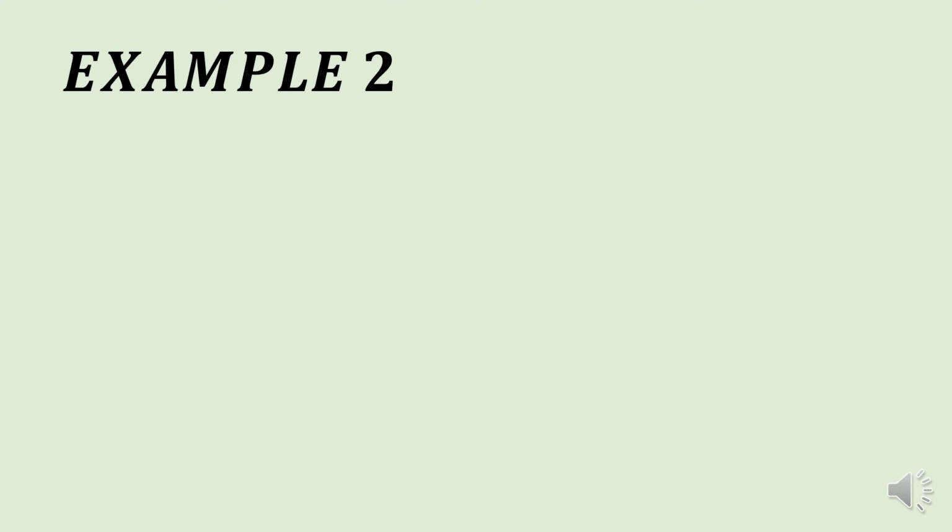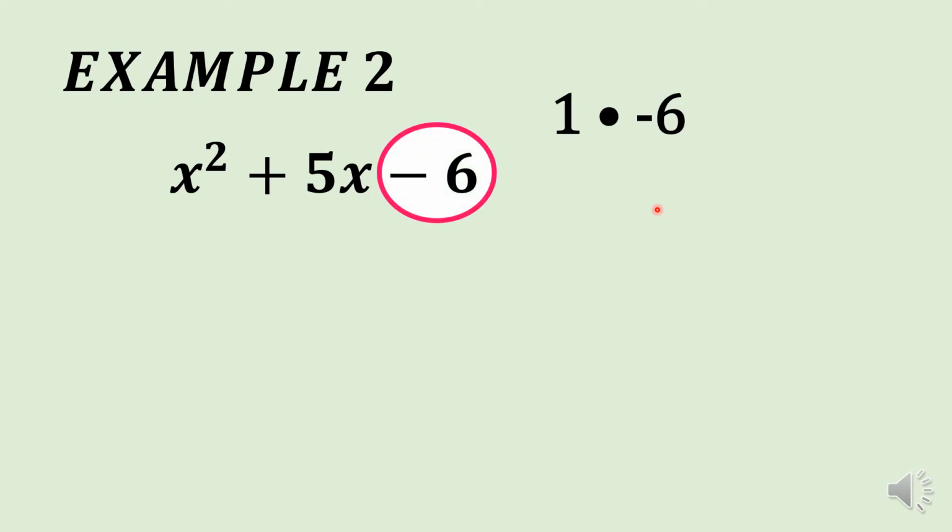Okay, so for example number 2, we're going to find the factors of x squared plus 5x minus 6. Same pa rin yung process natin, find the factors of 6. So 1 times negative 6, then 2 times negative 3. Okay, I think wala na.